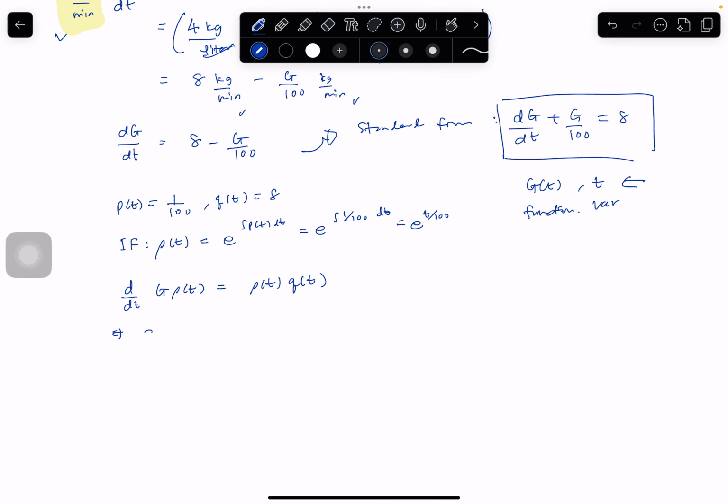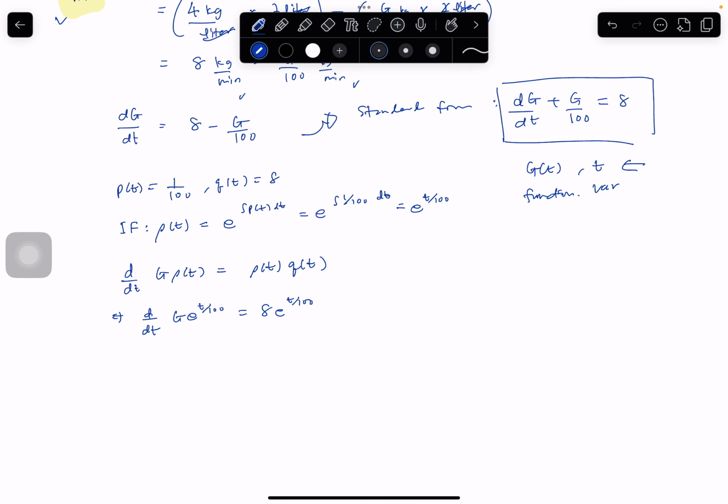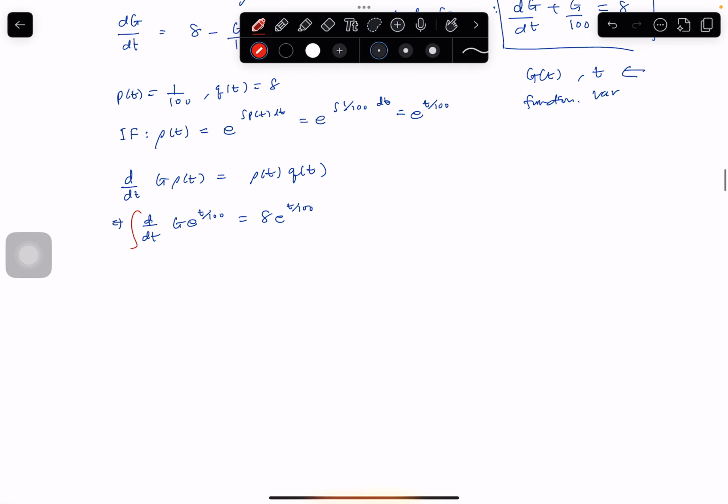So we are going to have d/dt of G multiplied with e to the t over 100 is equal to, right hand side, 8 multiplied with e to the t over 100. And now integrate both sides.